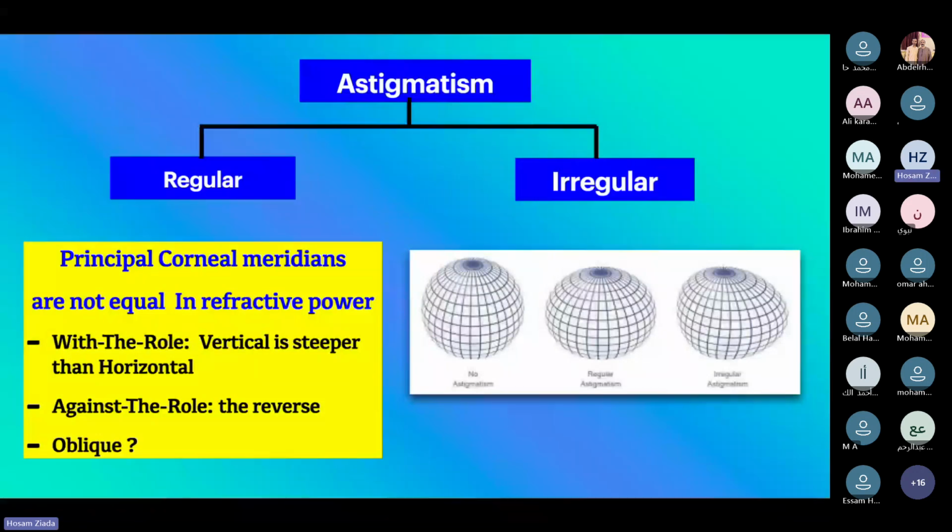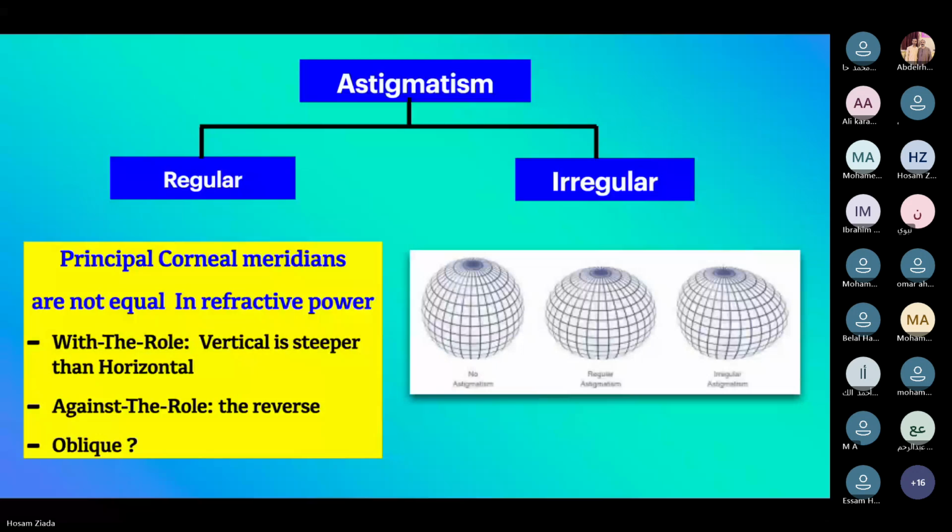If the vertical and the horizontal are equal in curvature and in refractive power, so there is no difference, the refraction of the vertical is like the refraction of the horizontal. So the same power, so no astigmatism, because the focus will be one.